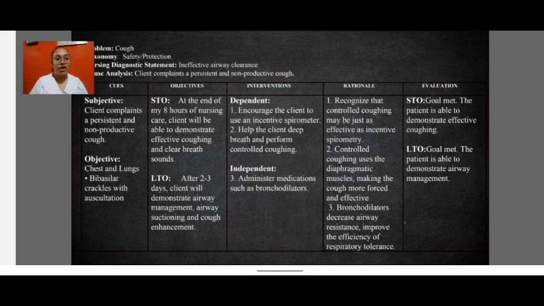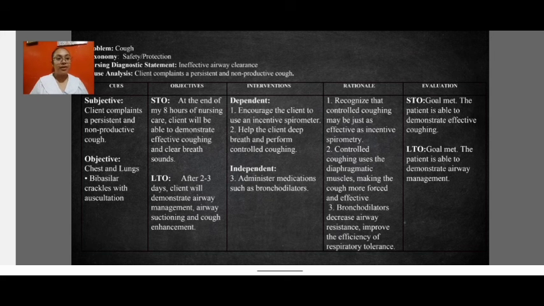Controlled coughing uses diaphragmatic muscles, making the cough more forced and effective. For our dependent interventions, it is to administer medications such as bronchodilators. Bronchodilators decrease airway resistance and improve the efficiency of respiratory function.